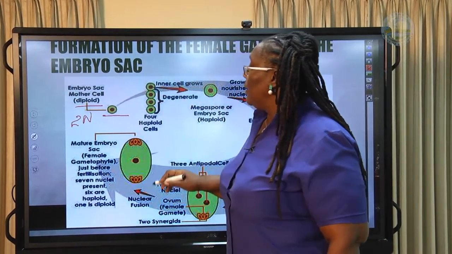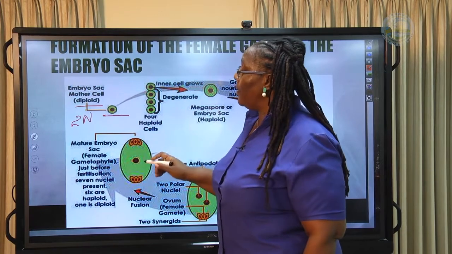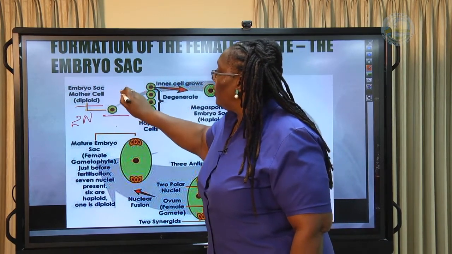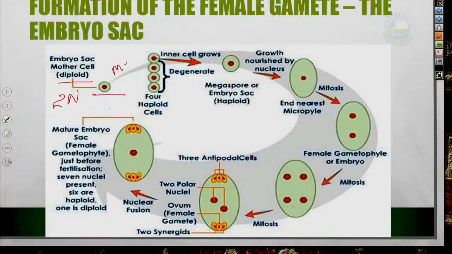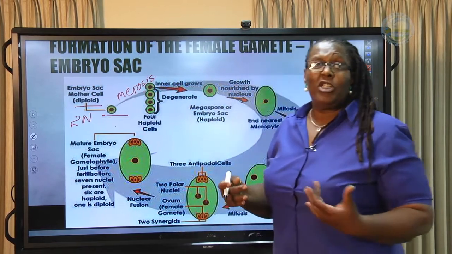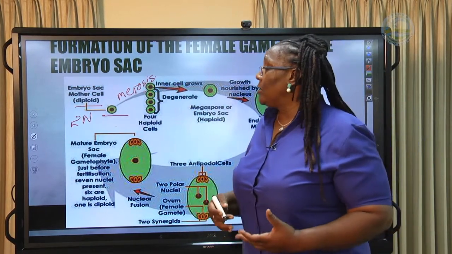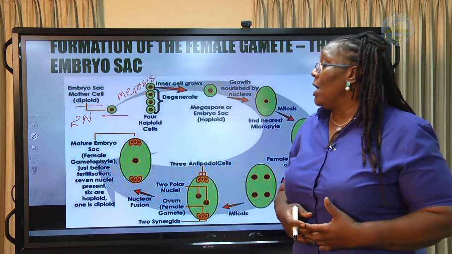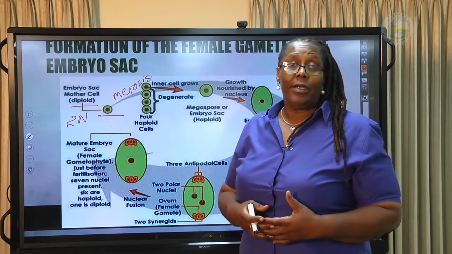right? And the first thing that happens is that this cell goes through the process of meiosis. So from one cell, remember at the end of meiosis, you're going to produce 4 cells that are all going to be genetically unique because they would have had crossing over and independent assortment occurring.